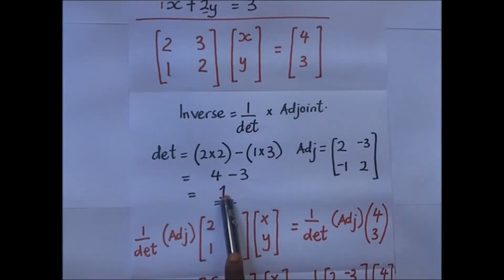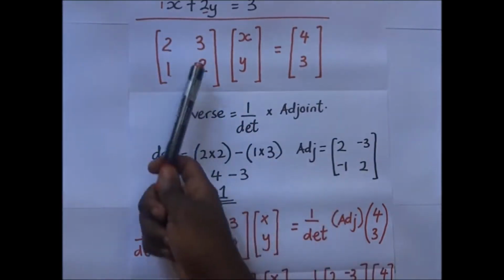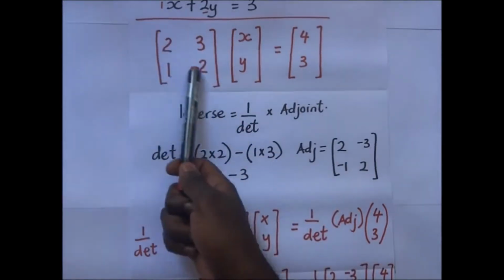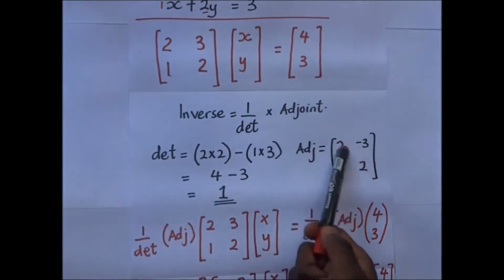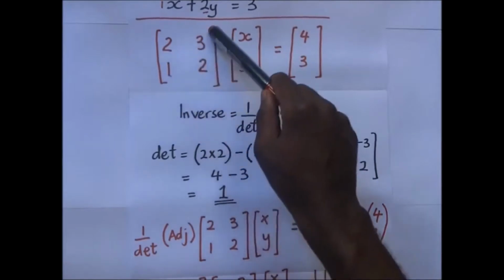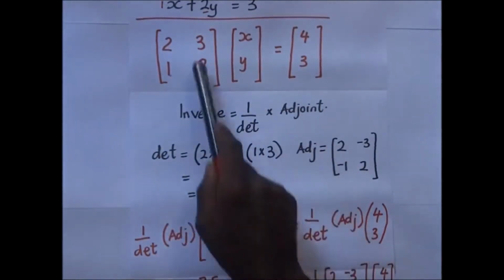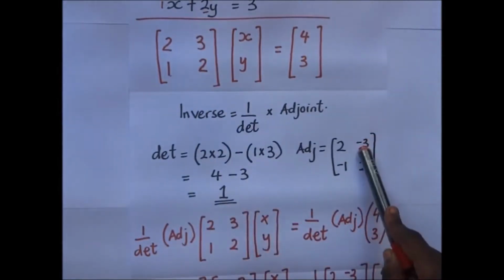After getting our determinant as 1, we find the adjoint of this matrix. We get the adjoint by interchanging the numbers in the main diagonal, which are both 2. Then in the minor diagonal, we simply multiply the numbers by negative 1. 1 times negative 1 is negative 1. 3 times negative 1 is negative 3.